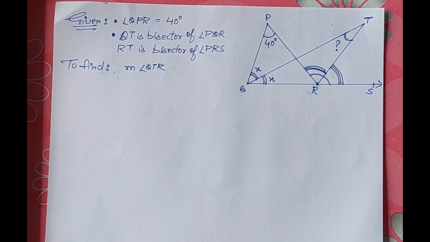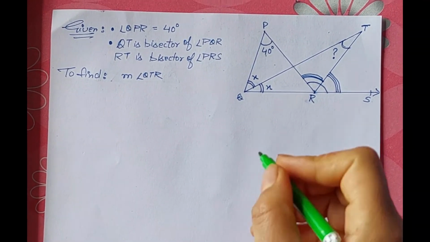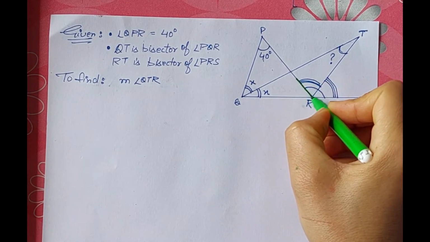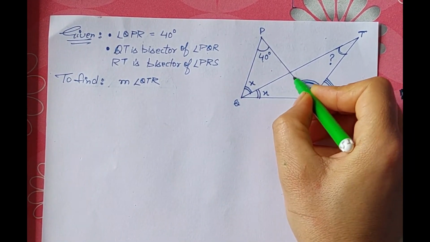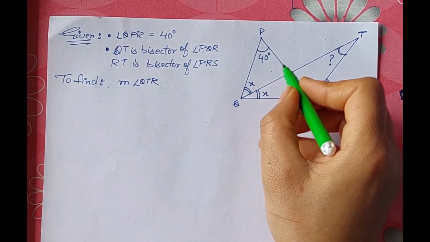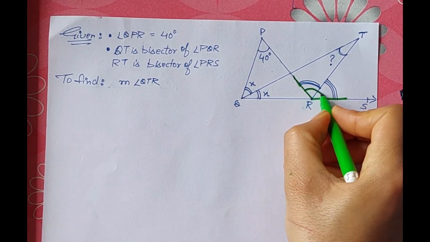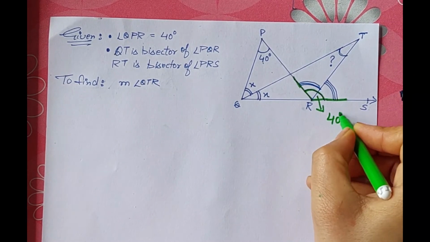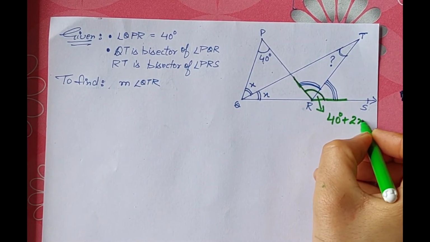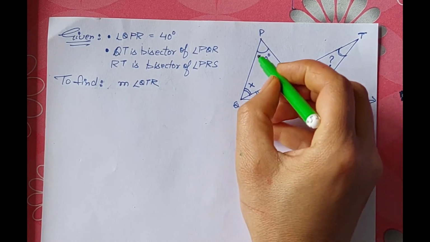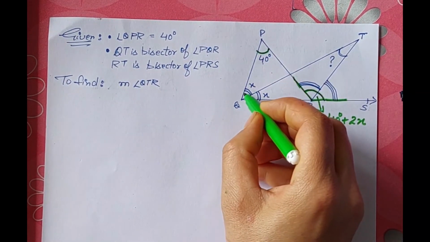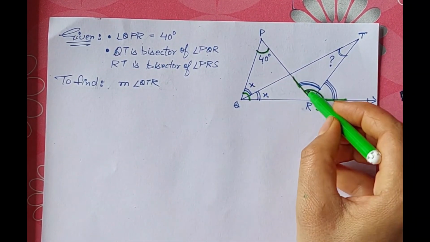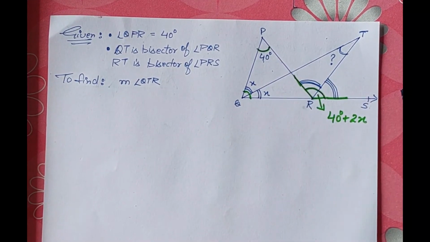By using the exterior angle property, this one is the exterior angle for this triangle. So this angle is actually equal to 40 degrees plus 2x, because this is one interior angle and this is another interior angle. So the exterior angle is equal to the sum of these two.